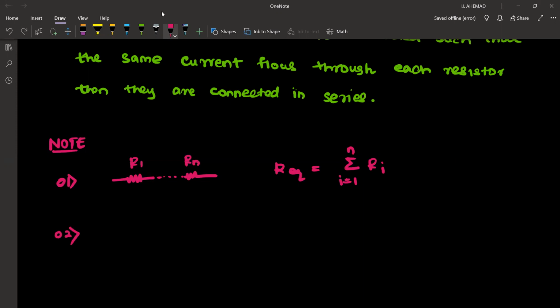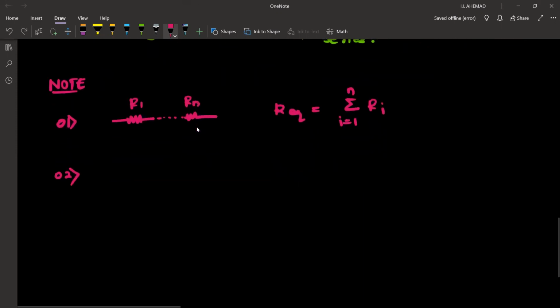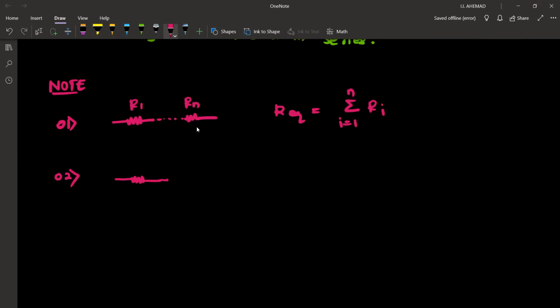Note number 2. Let's say that we have 3 resistors, R1, R2, and R3, such that R1 is less than R2, which is less than R3.